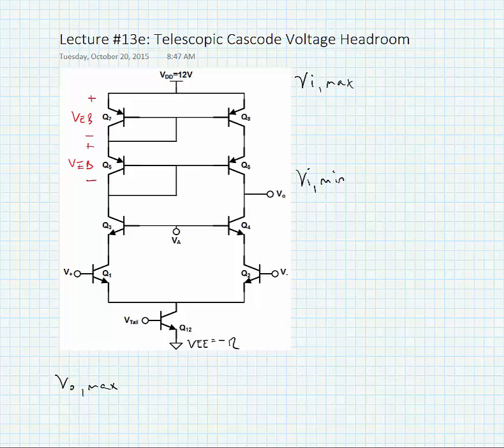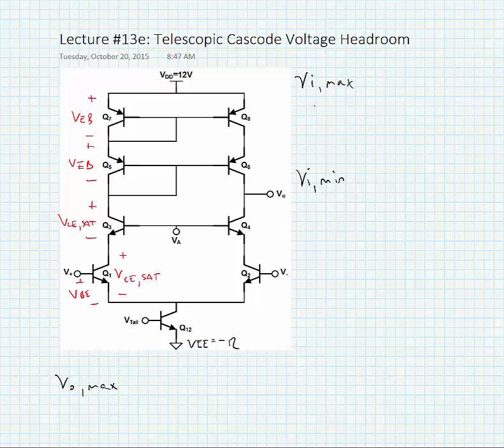Q3 we need a VCE sat, and we need a VCE sat down to Q1, and we come back up to the base. So we can say that the base emitter voltage for this amplifier needs to be a VBE.